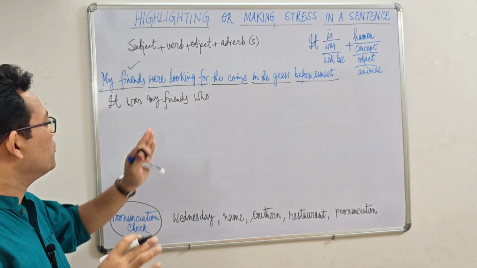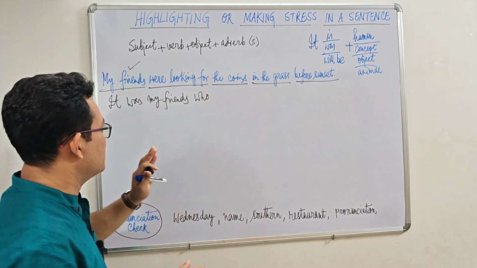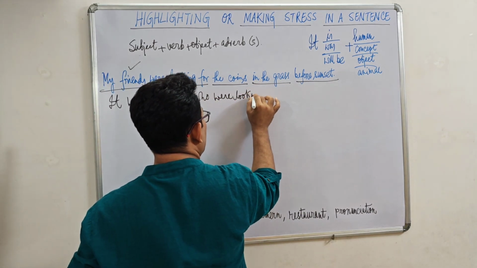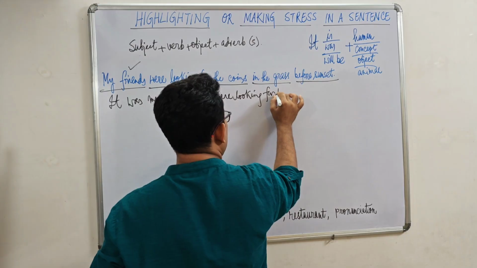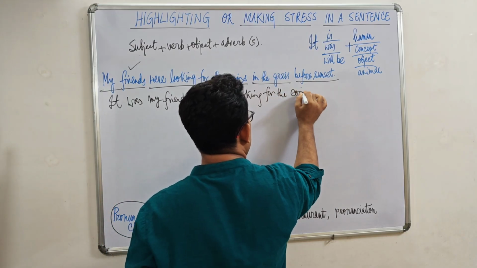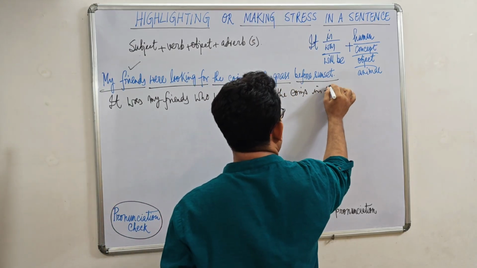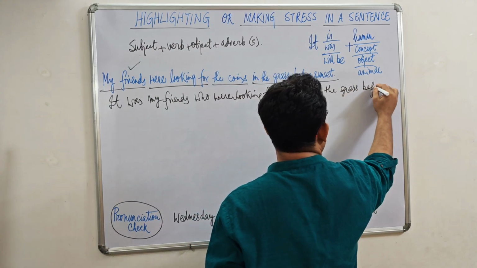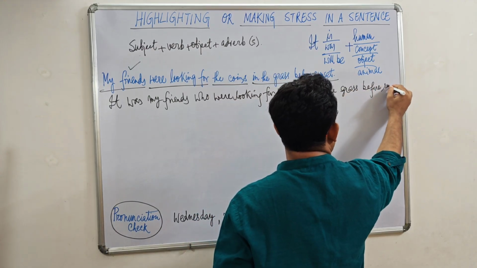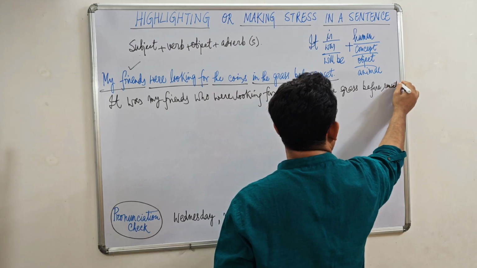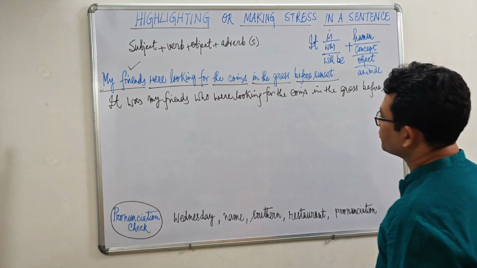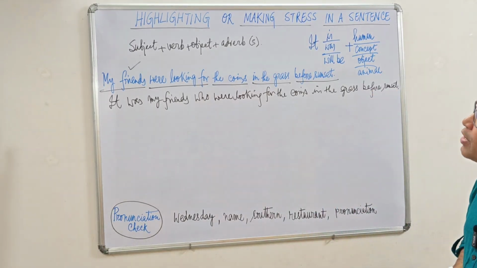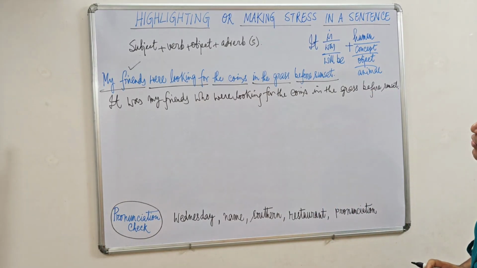After that, we have to use the rest of the sentence as it is. So the new sentence is, it was my friends who were looking for the coins in the grass before sunset.